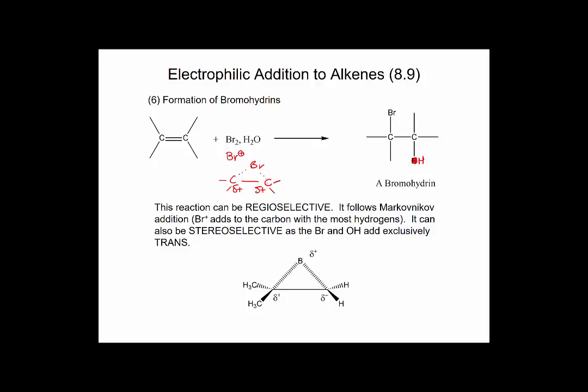But if I do this reaction with Br2 and water, and a large excess of water, if we think about the mechanism, before, the Br minus that would form had to go all the way underneath and add. Well, if you do this with Br2 and water, when I form this Br plus, there's already an H2O molecule underneath there that will immediately add.